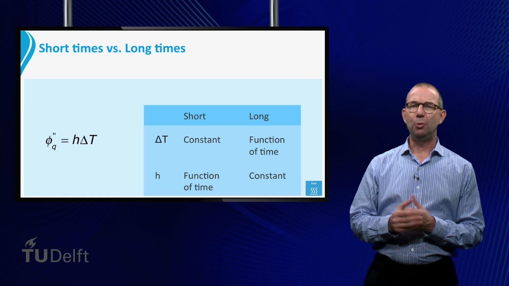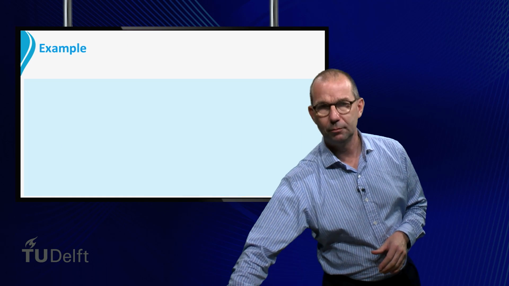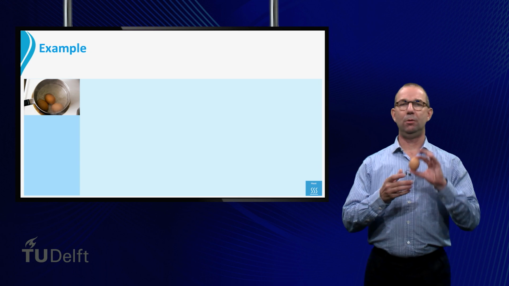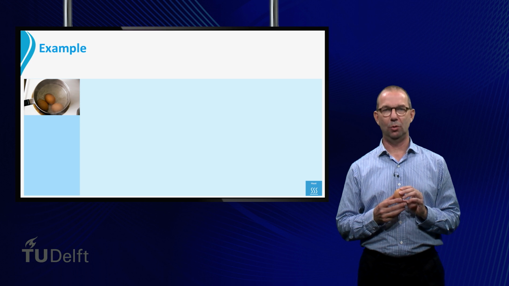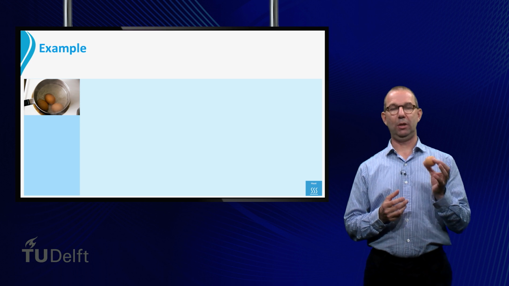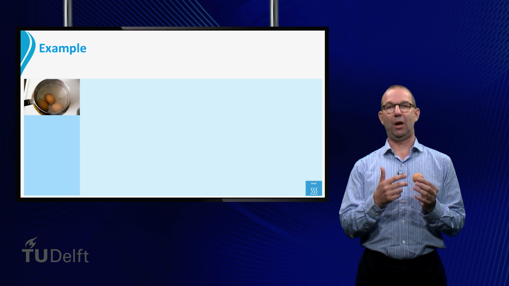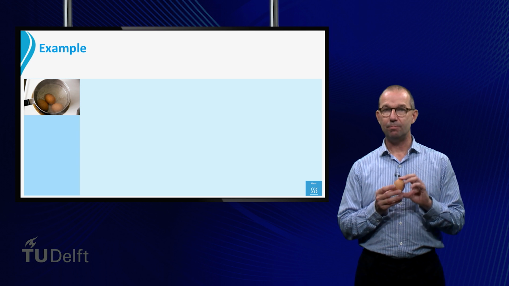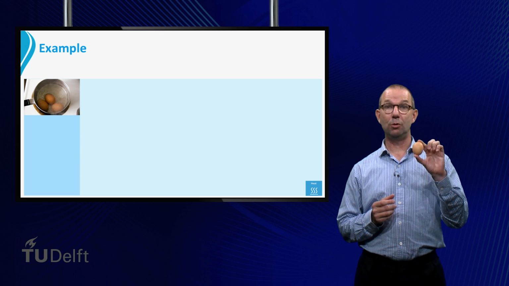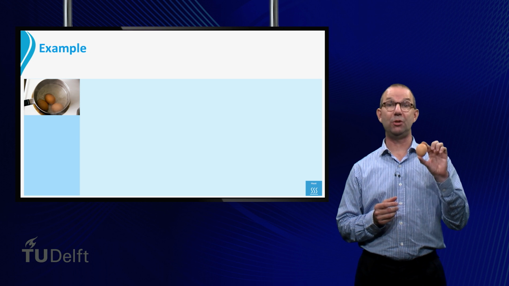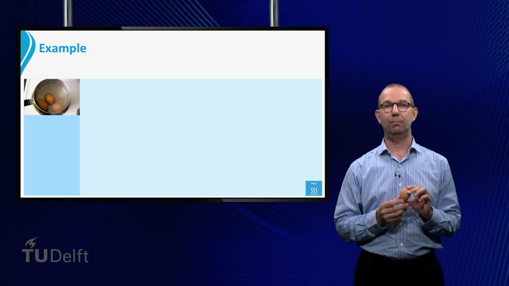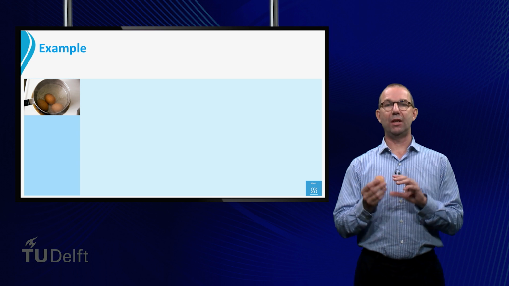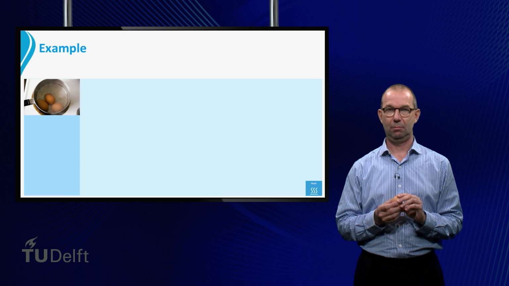Let's do an example. Suppose you want to boil an egg and have it hard on the inside. Egg solidifies at a temperature of 65 degrees. Thus, the question is, how long should you boil an egg if its temperature everywhere needs to be at least 65 degrees? Clearly, this is an unsteady heat conduction question.